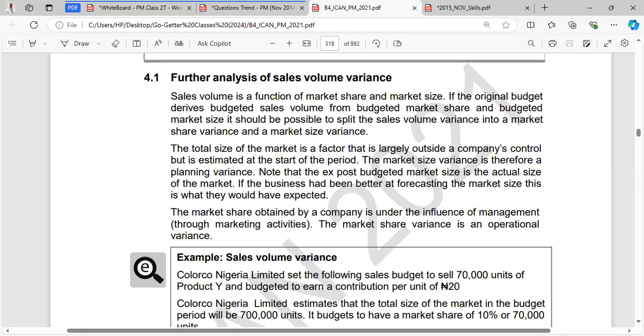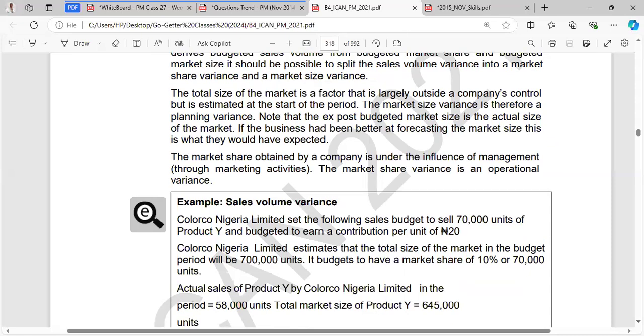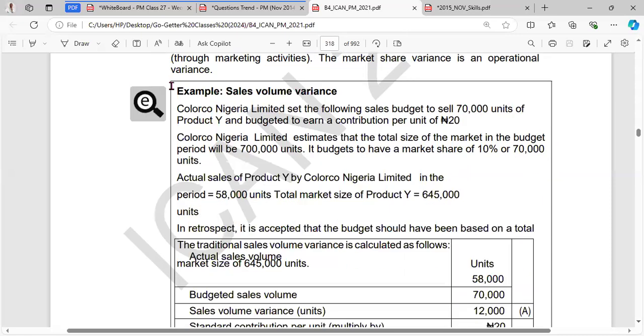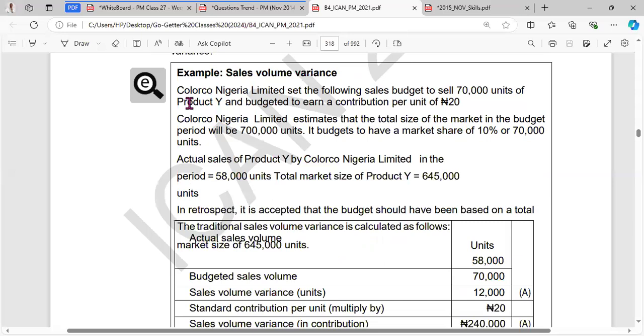Now let's look at this example here. Coloco Nigeria Limited sets the following sales budget to sell 70,000 units of product Y and budgeted to earn a contribution per unit of 20 naira. So this is what they budget to sell, 70,000 units.